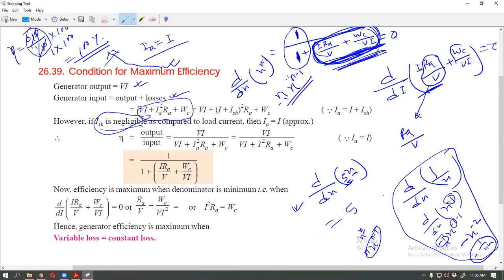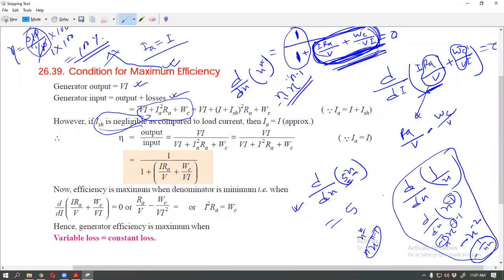This is your constant. Constant is fixed. 1 by I: at first the constant value, and 1 by I means minus. This plus and this minus give minus. Now this is the constant value W C by V and 1 by I. The derivative of 1 by I is minus 1 by I square.